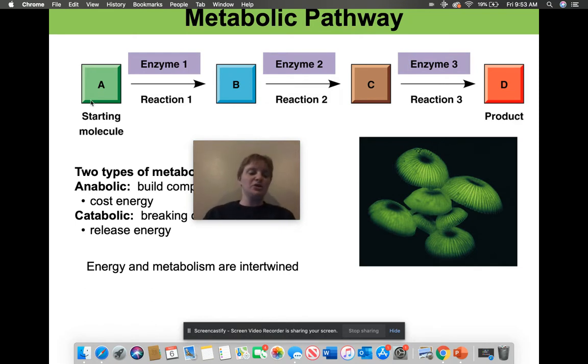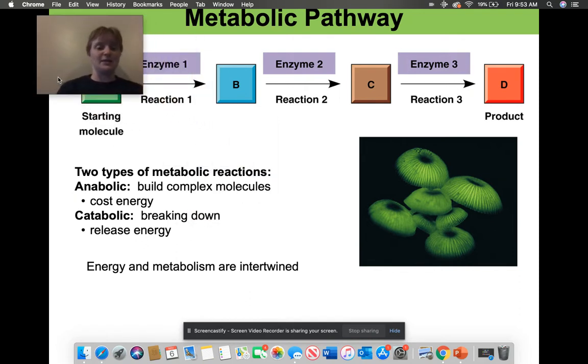And so you'll look, we start with this molecule and we need to get this molecule, but there's 3 enzymes or 3 chemical reactions that are involved with creating the product from the starting molecule. And so usually enzyme 1 will do one reaction, enzyme 2 will do a second reaction, and so on. And you can have so many different steps along this pathway, or a few steps on this pathway. It just depends on the reactions that we got to do.